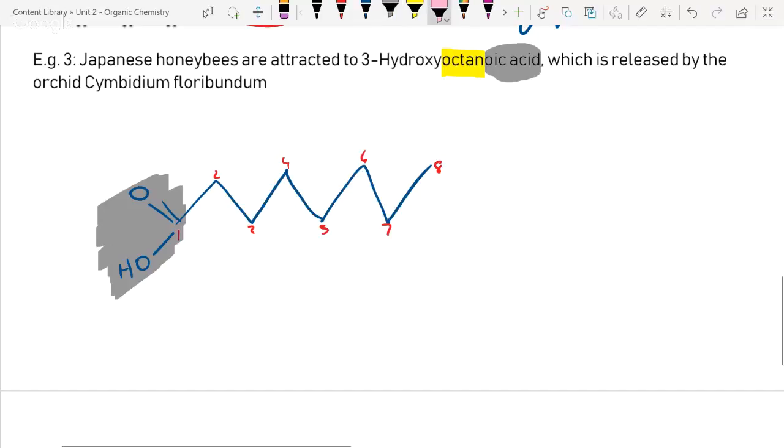Yeah, so this is actually also an alcohol. Now, it's not called an al because its main functional group is the acid group, right? But this is also a hydroxy, and it's going to go where? Carbon 3. So 1, 2, this also looks like a 2, but in fact it says 3. And there we are.